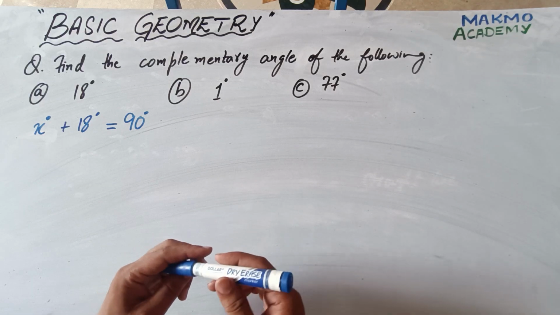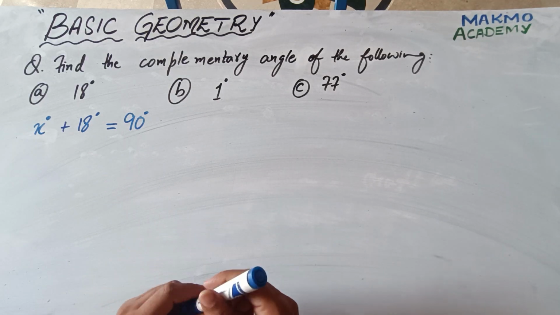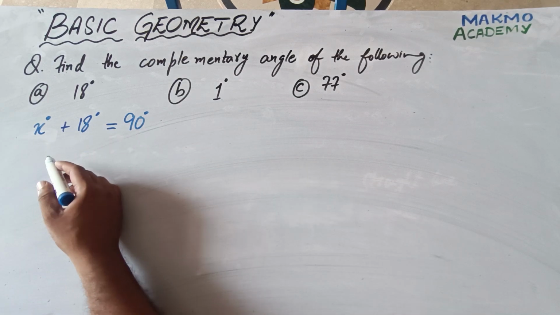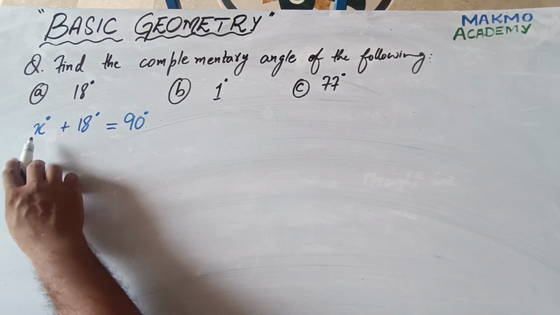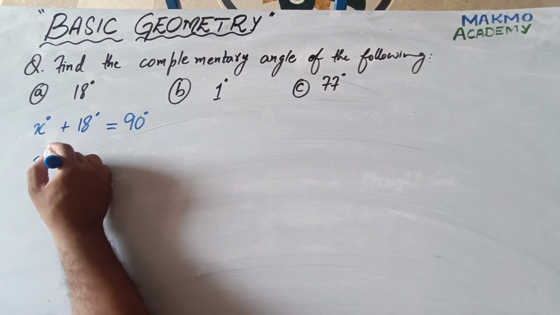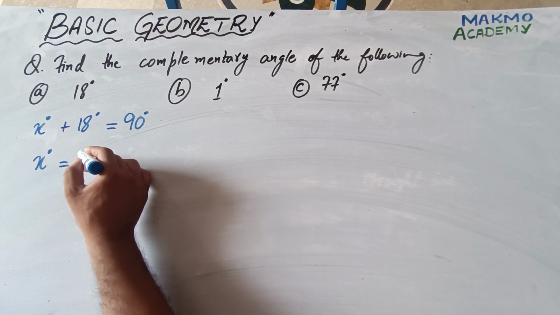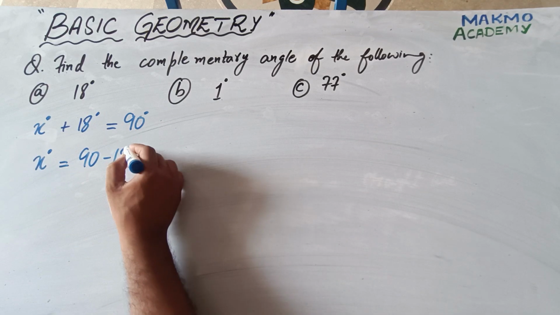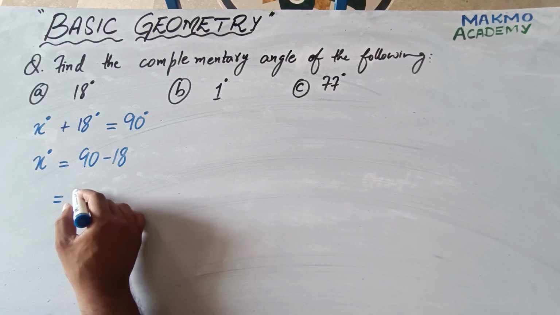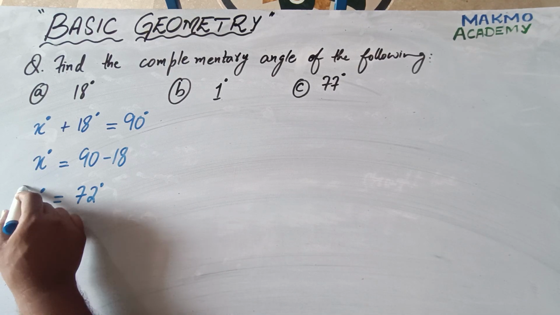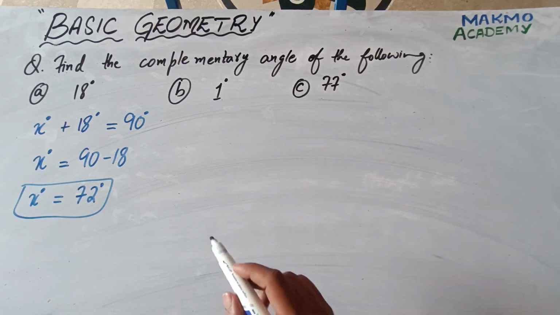We are taking x degrees plus 18 degrees is equal to 90 degrees. Now we want to find that angle. So this becomes a linear equation. This 18 will go over there and we will subtract it from 90. This gives us 72 degrees. So x is equal to 72 degrees.